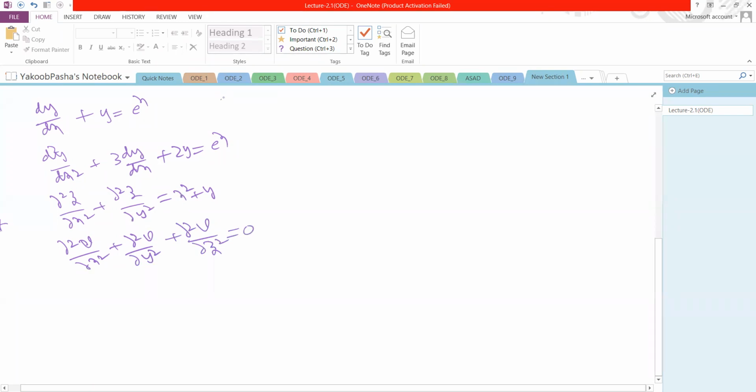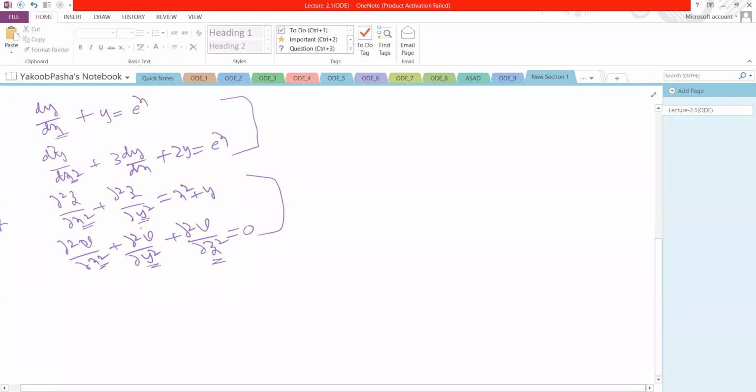We can observe from the first two examples, the independent variable is x. In the second two examples, we can observe x and y are both independent variables and z is the dependent variable. In the fourth example, x, y and z, three are independent variables and v is the dependent variable.